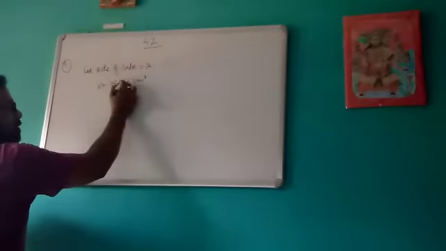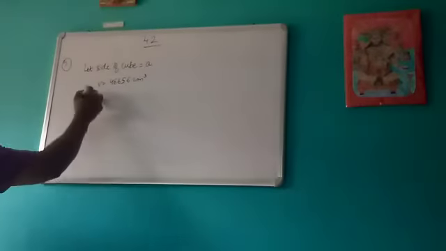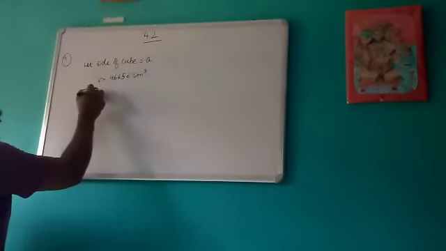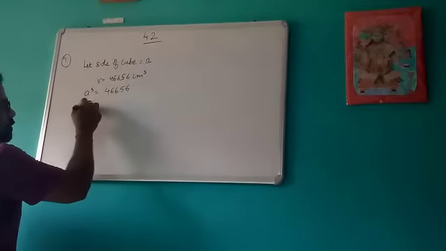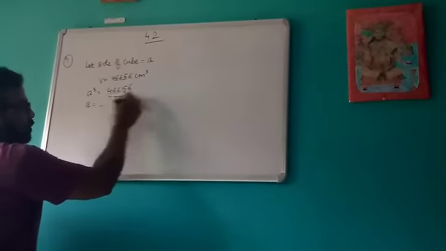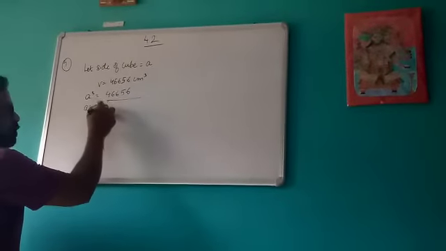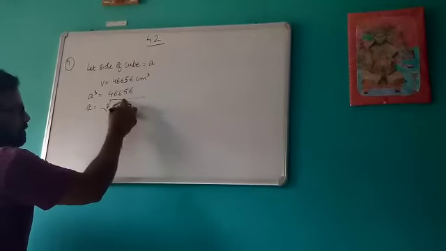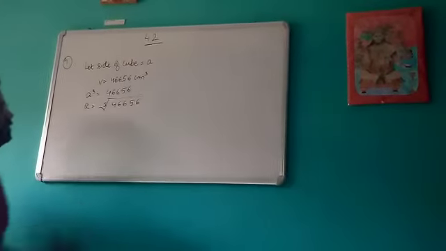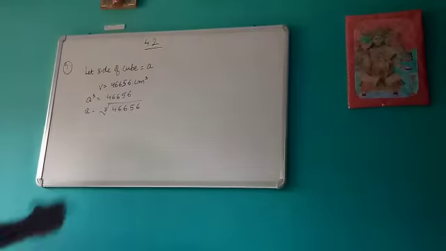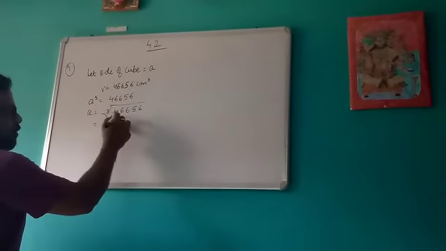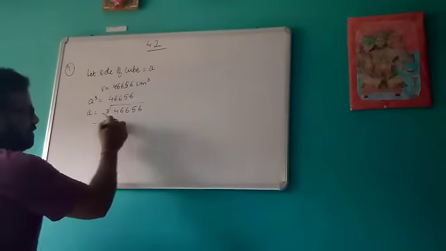Now see, what we will do, we will write it like this: a cube is equal to 46656. So what is the value of a? When you remove this cube sign, you will get the cube root. Okay, so that means now we will do the prime factorization of this.